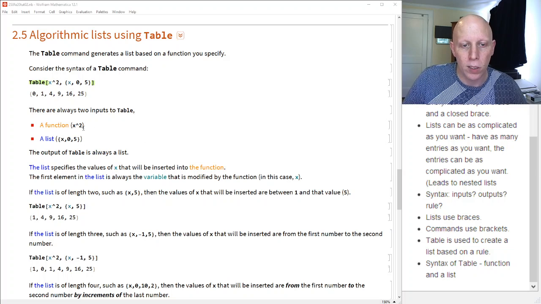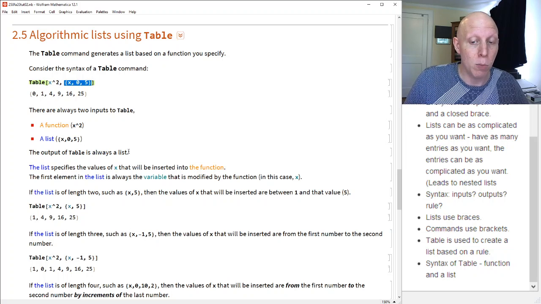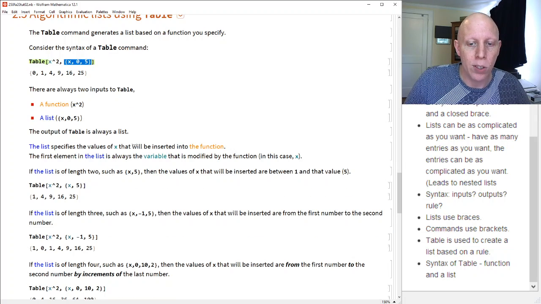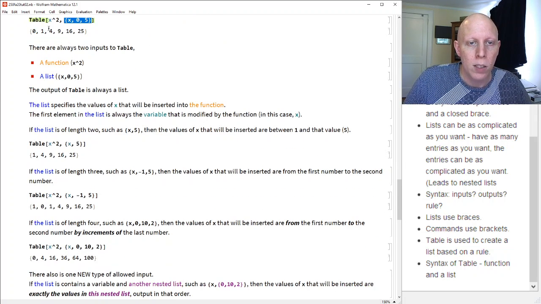So that's important. There are always two inputs to Table: the function and the list. And the output of Table is always a list. Like before, it can be a list that has 0 elements, the empty list, but the output is always a list.